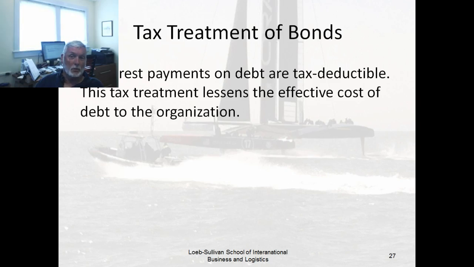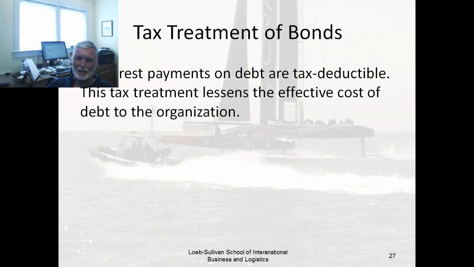And if I'm at a 30% tax rate, that means I save $2,100 on taxes. So my net cost of borrowing is not $7,000, it's $4,900. So 4.9% is my effective cost, not 7%. That makes a huge difference to corporations.